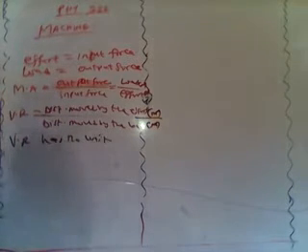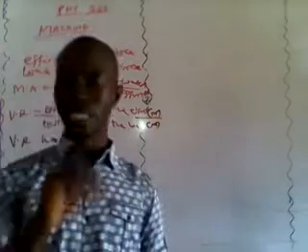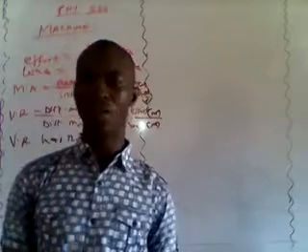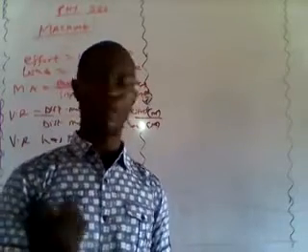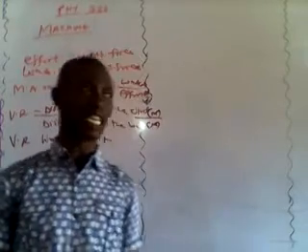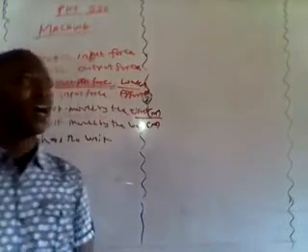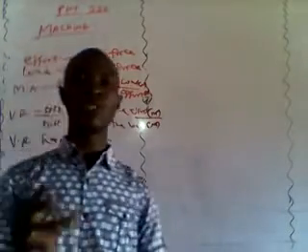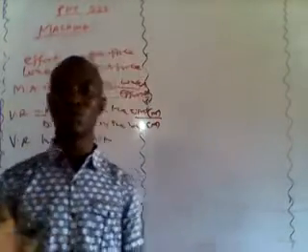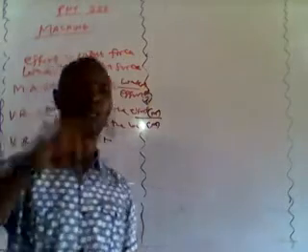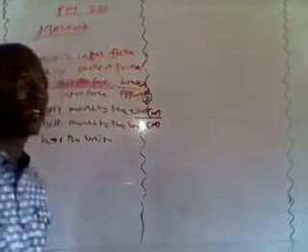Now, one of the major things that affect the performance of a machine is friction, or frictional force. Don't forget, you did frictional force in SS1. And what is frictional force? That is a force that exists between the surfaces of two bodies that are in contact and tries to oppose the motion of one over the other.